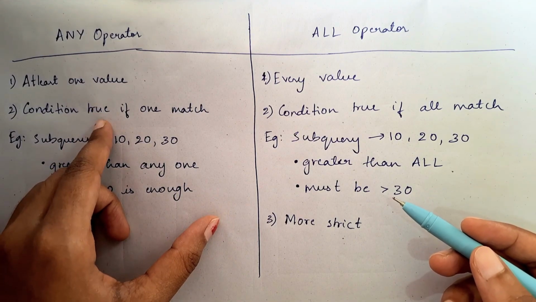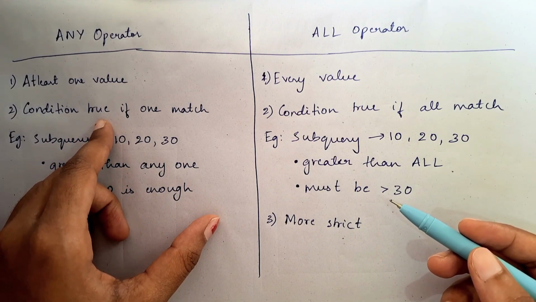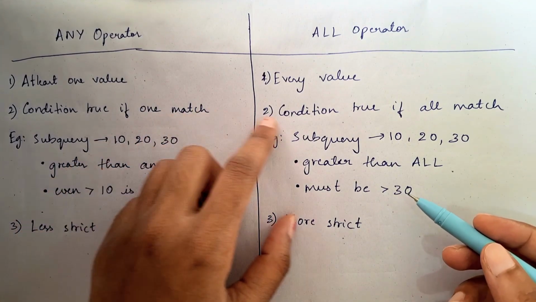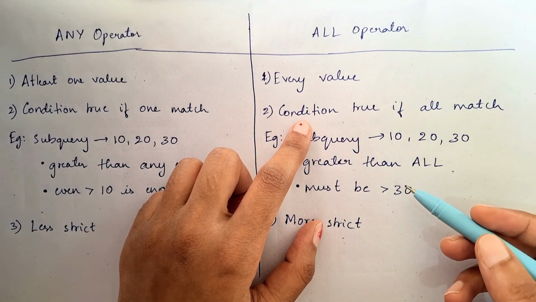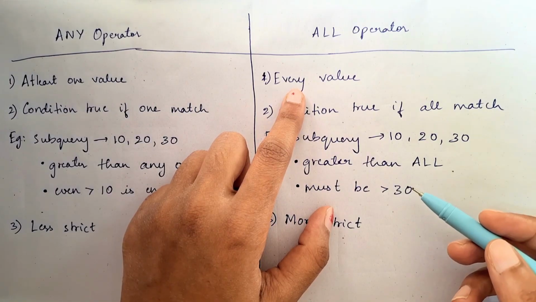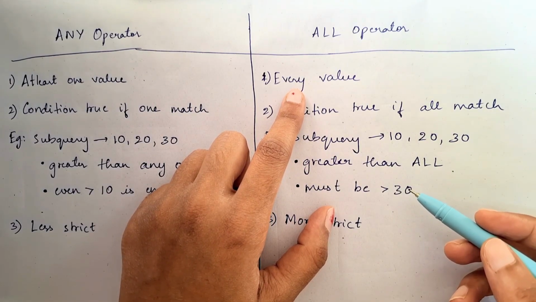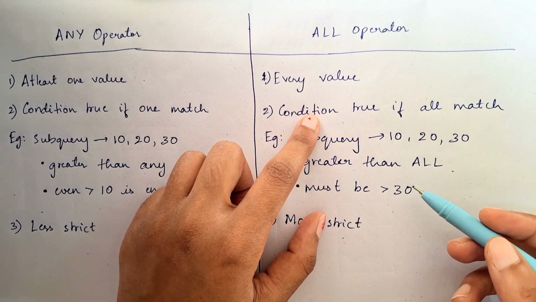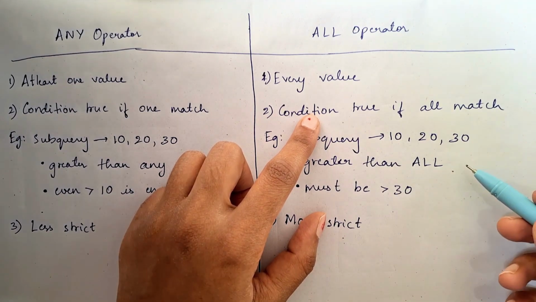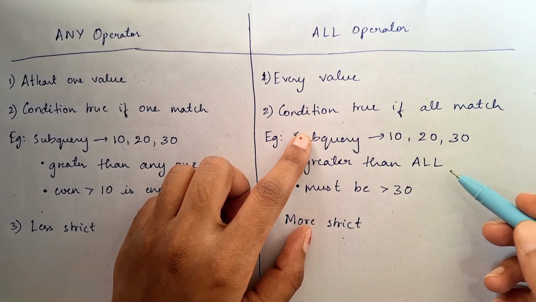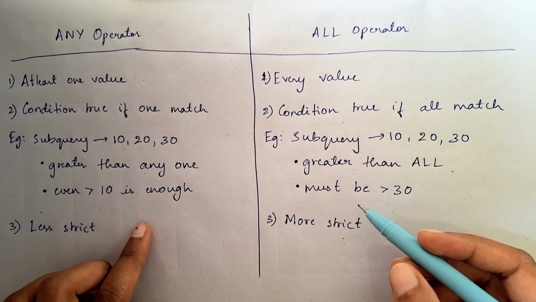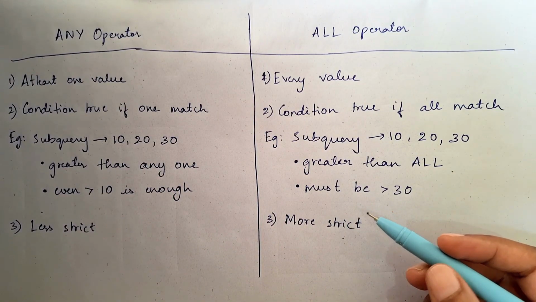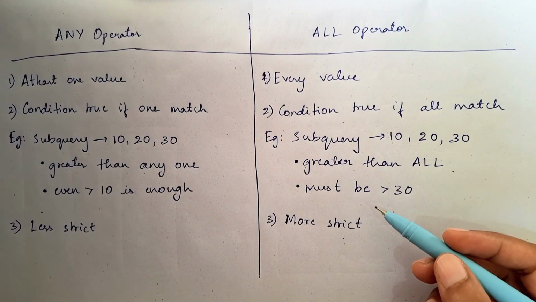That means even if one value satisfies the condition, the result will be true. Now coming to all. All means the condition should be true for every value returned by the subquery. That means all values must satisfy the condition, otherwise it becomes false. So in simple words, any means at least one value is enough, whereas all means every value must satisfy.